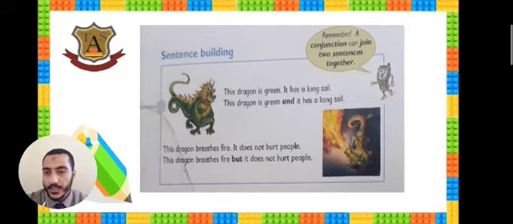Now there is a difference between the first sentence and the second sentence. The dragon breathes fire and it doesn't hurt people. So there is a contrast between these two sentences.